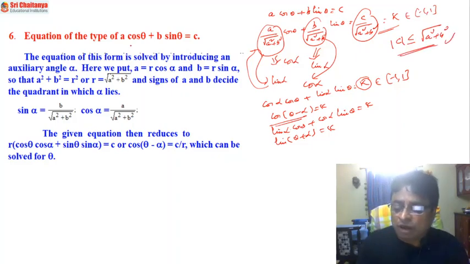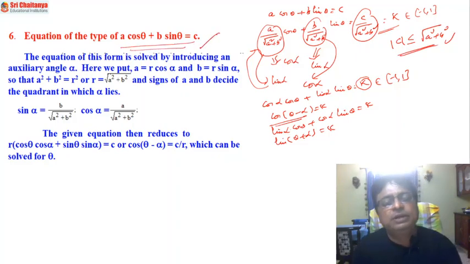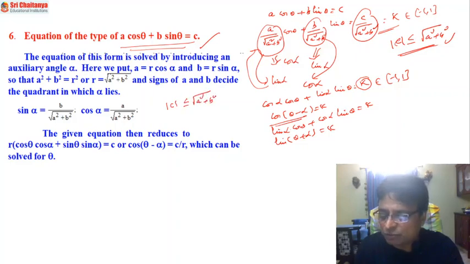So not every trigonometric equation of this model possesses a solution. Based on this, problems were repeated, even in our public examination. The trigonometric equation of the form a cos theta plus b sin theta is equal to c, where mod c is less than or equal to root of a square plus b square, for those equations only trigonometric solutions exist.